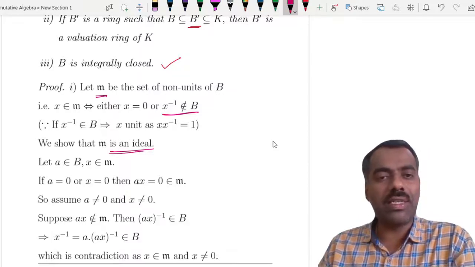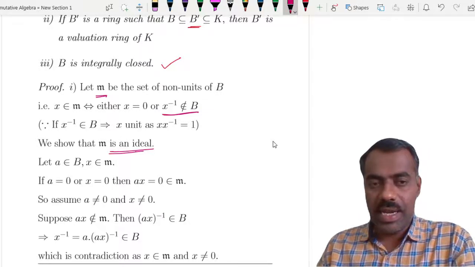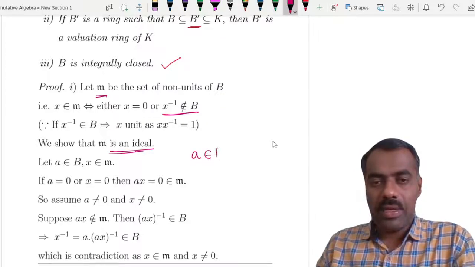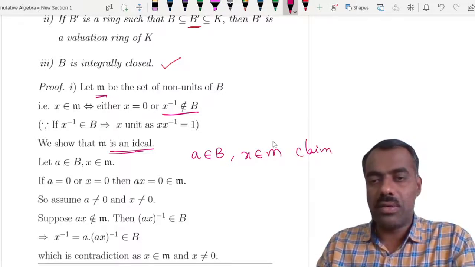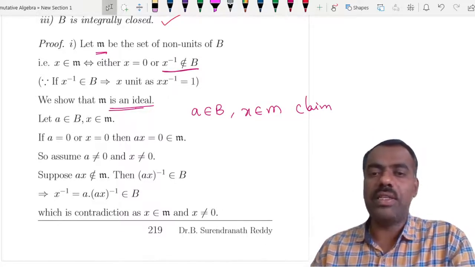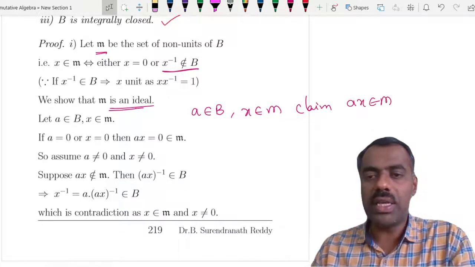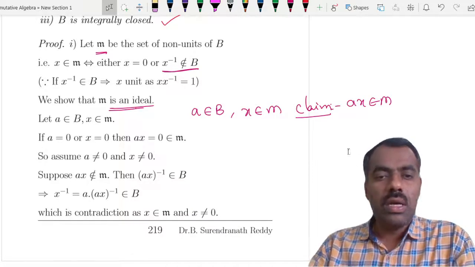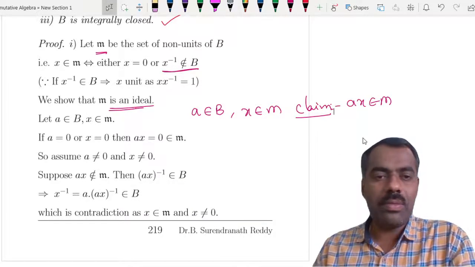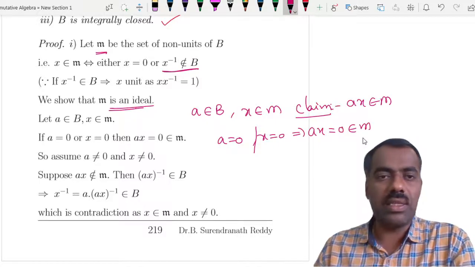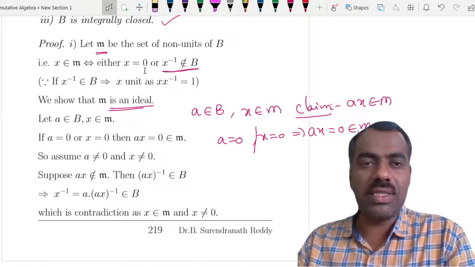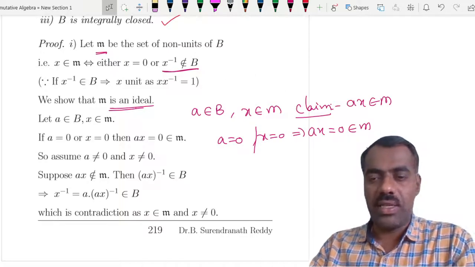So our claim is that M is an ideal. What is meant by showing that? Take an element a from the ring B and an element x from the set M. Our claim is that a times x is also in M. If either a is 0 or x is 0, then obviously a times x is 0, which is always in M, because we have considered 0 as well as the other non-units.